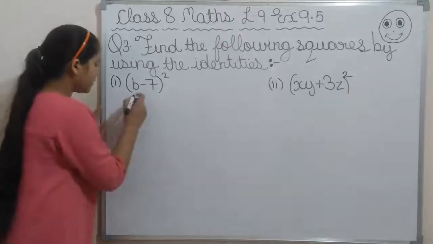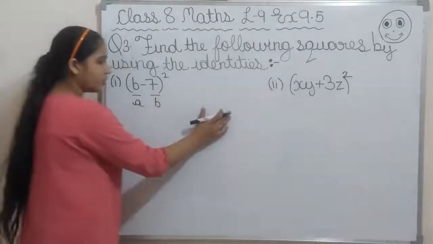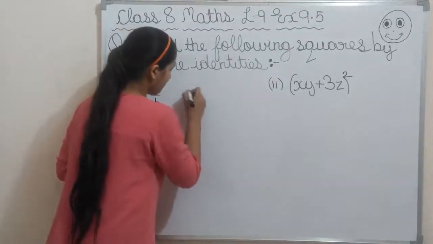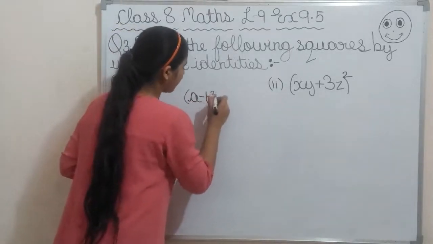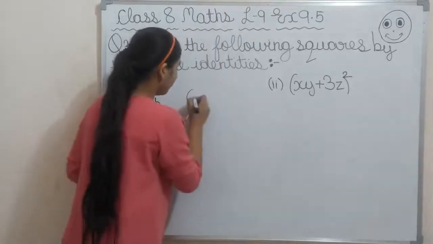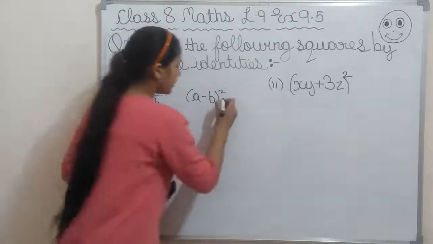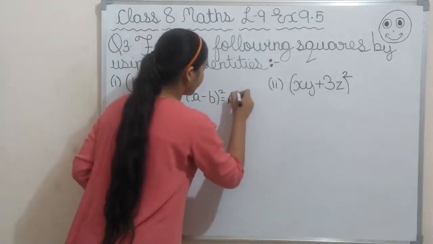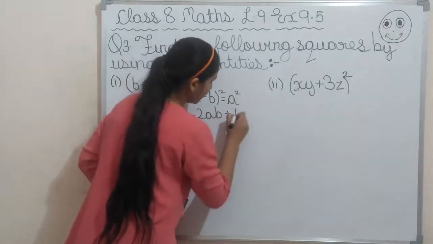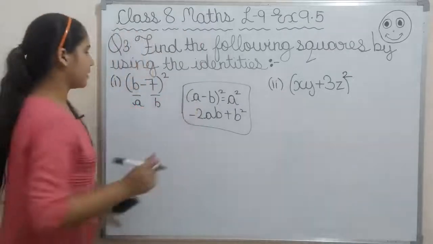First I'll represent this as a and this as b. The property is (a minus b) whole square is equal to a square minus 2ab plus b square. This is the property we have to utilize.